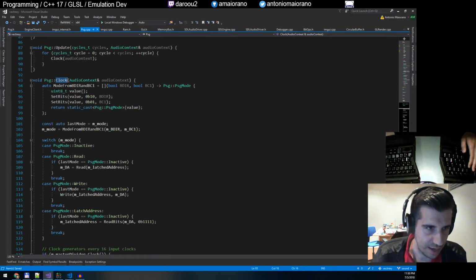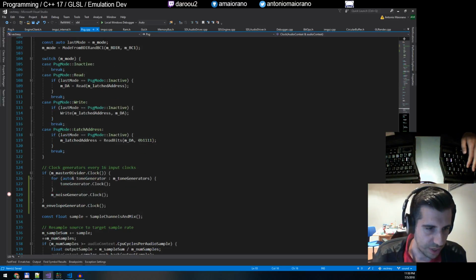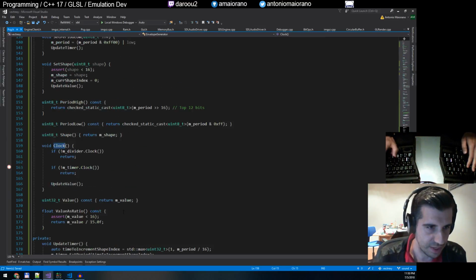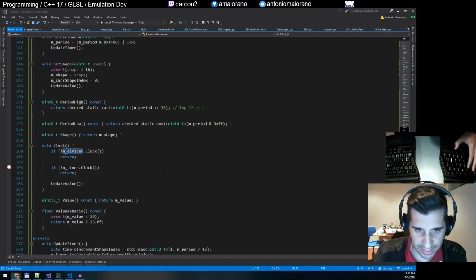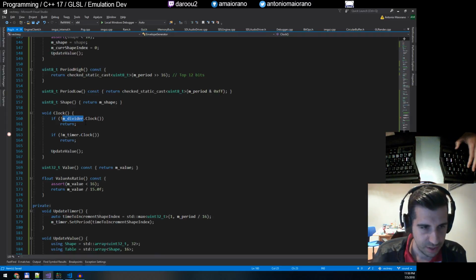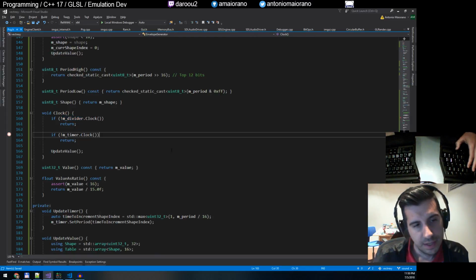The input clock happens here in the PSG. We clock the envelope generator directly every time. We have this divider, that's what I'm calling this 256 counter. And so we wait until this divider returns that we've clocked it.